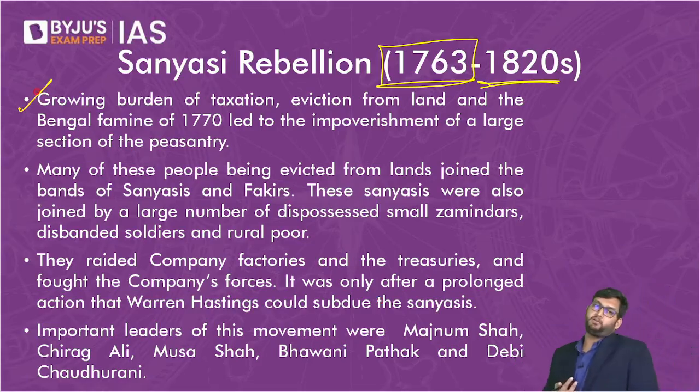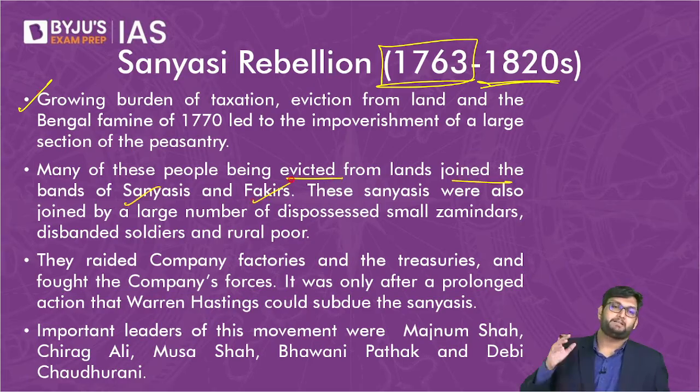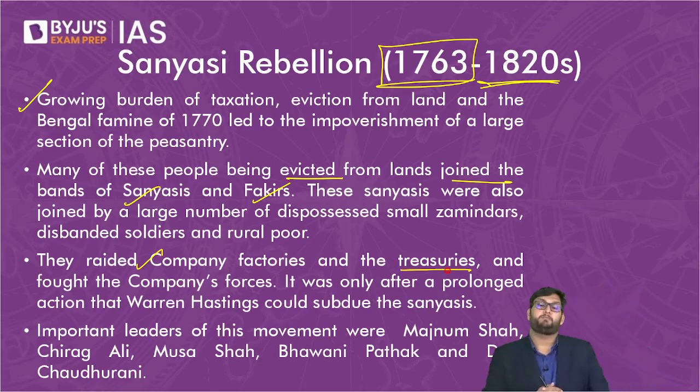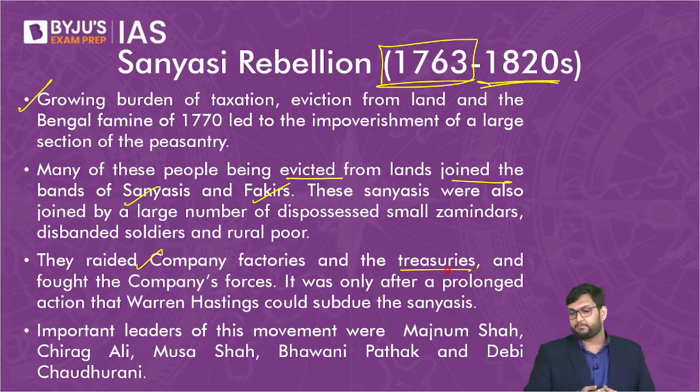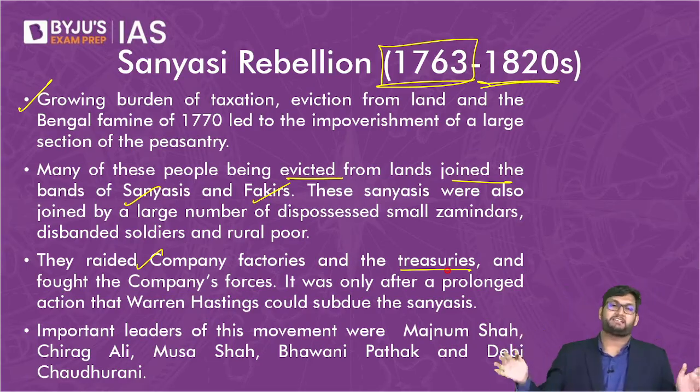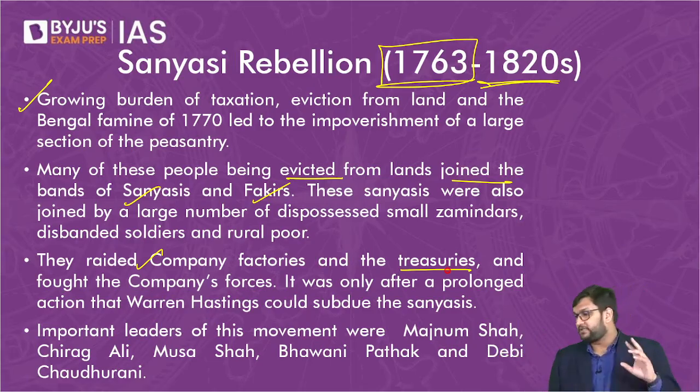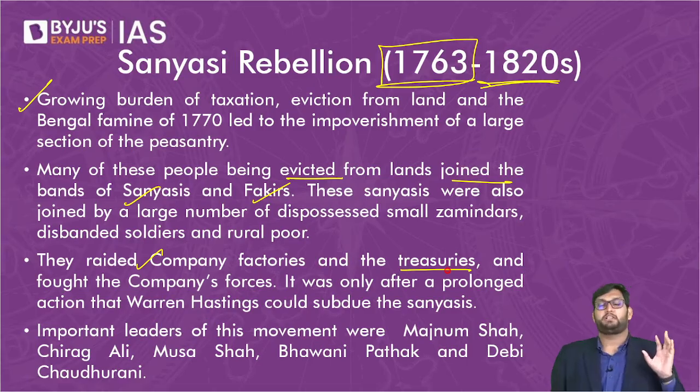People are evicted out of land, so a lot of peasantry becomes sannyasi. These evicted people joined the sannyasis and fakirs, and they became small bands of groups which used to travel around. They raided company factories and treasuries and fought with the British forces when it came to resistance. There were prolonged periods of action against the sannyasis, and it took the British quite a long time to actually stop this major rebellion.